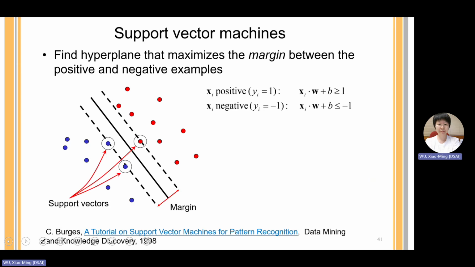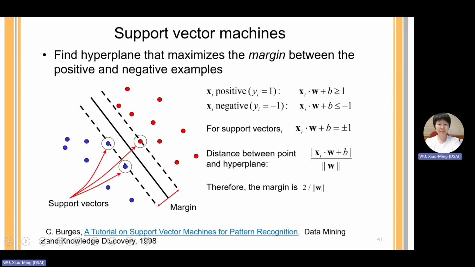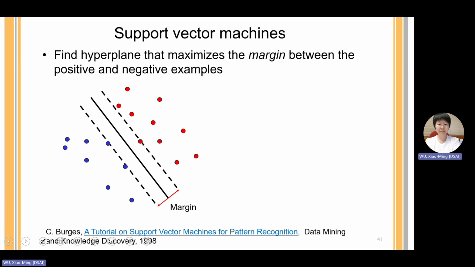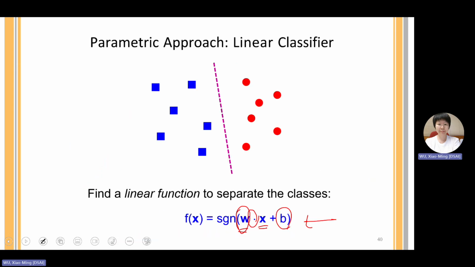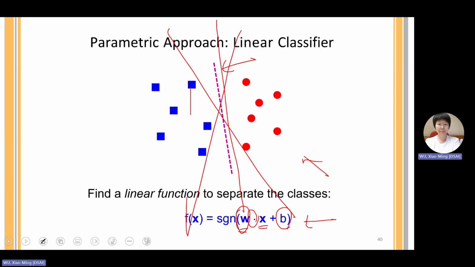Then what is a support vector machine? Support vector machine is also a linear classifier, but different from the perceptron. In this case, there are many hyperplanes that can perfectly separate the two classes.